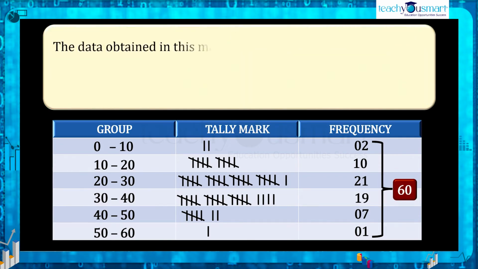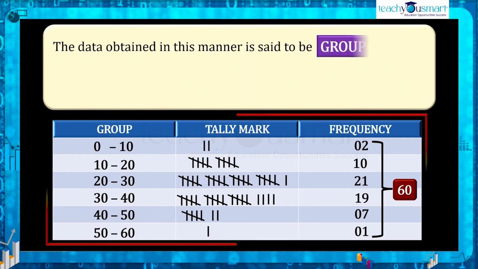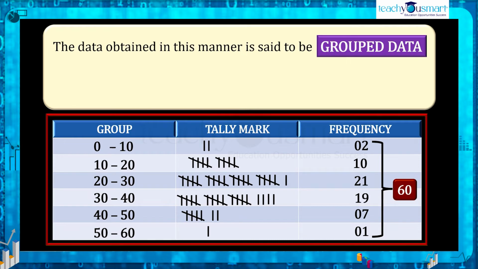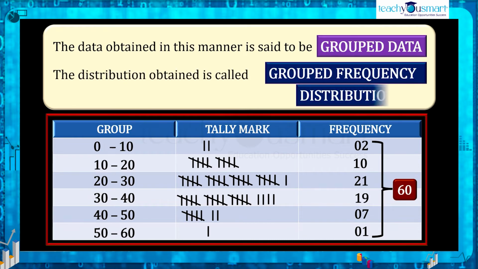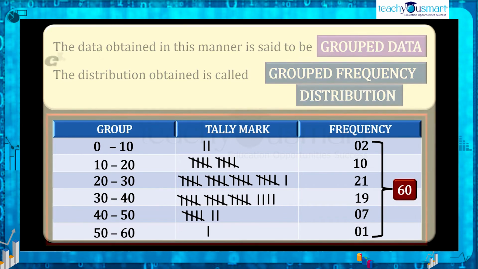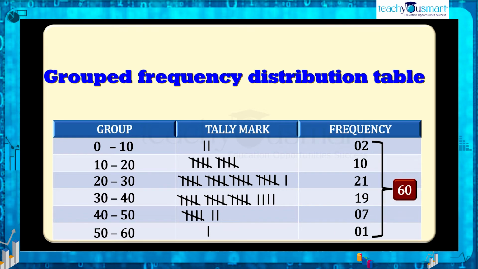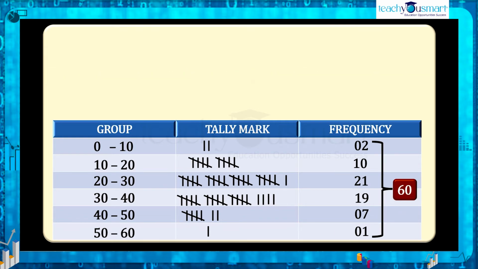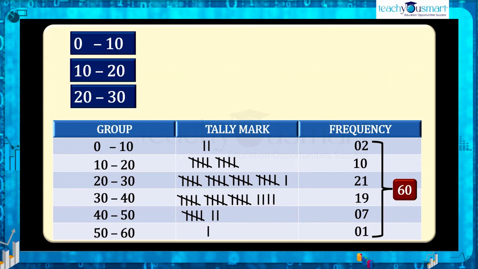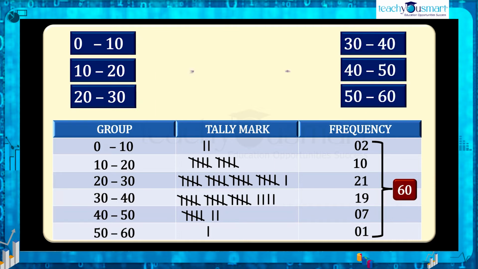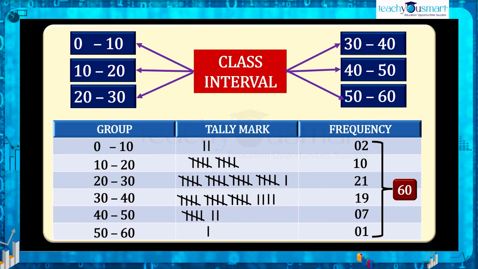The data presented in this manner is said to be grouped data, and the distribution obtained is called grouped frequency distribution. In a grouped frequency distribution table, each of the groups 0 to 10, 10 to 20, 20 to 30, etc. is called a class interval.